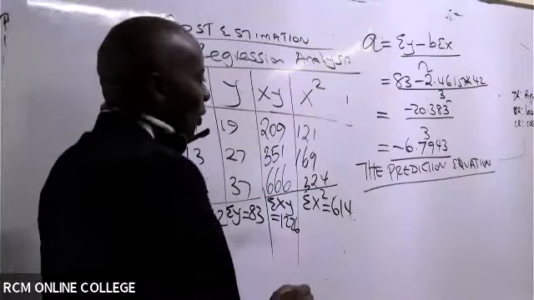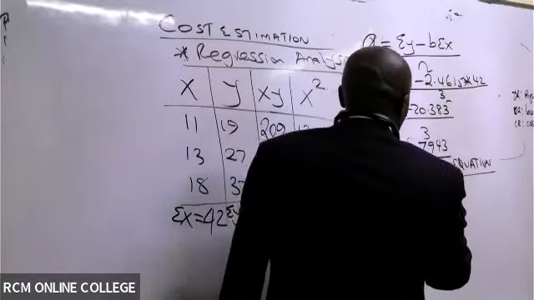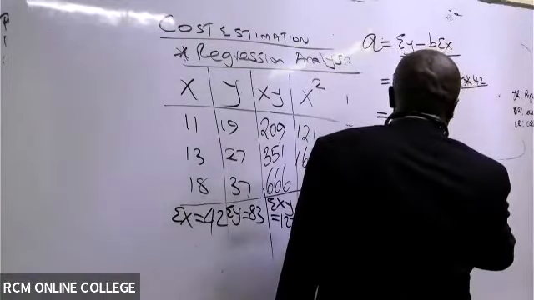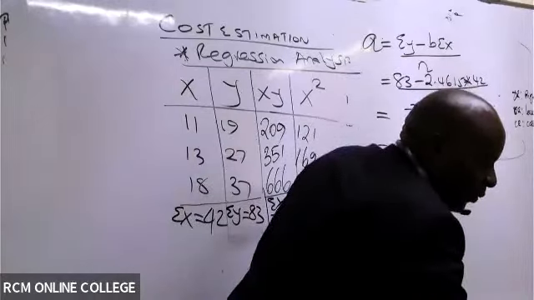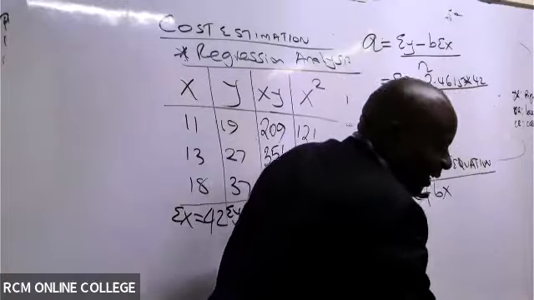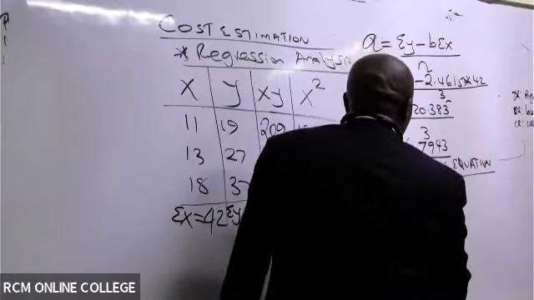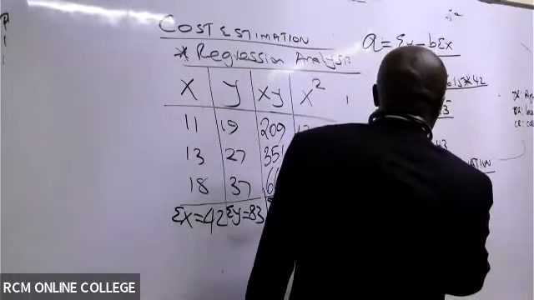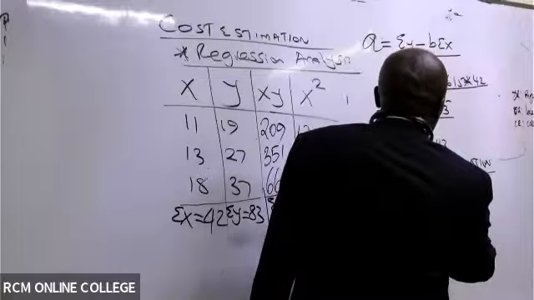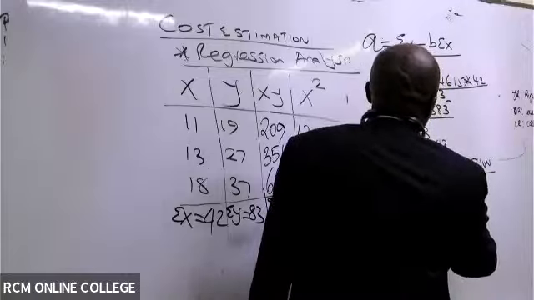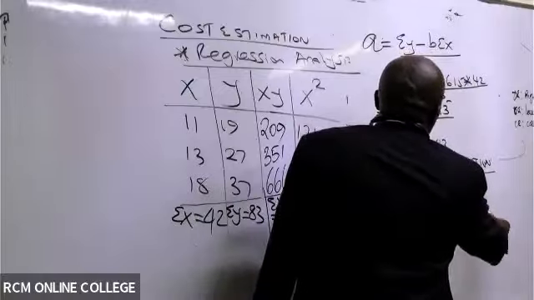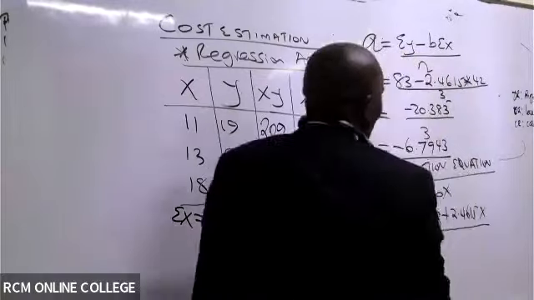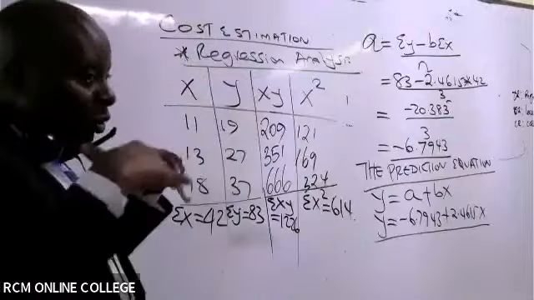The prediction equation goes like this: Y equals A plus Bx. So my Y will be equal to A, which is minus 6.7943, plus B, which is 2.4615, X. Because the moment you get the values of A and B, you simply substitute them in there.